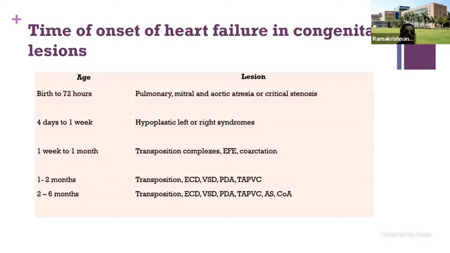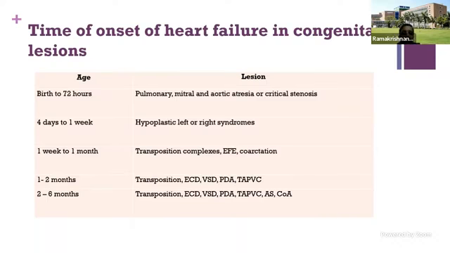So if there is heart failure, that means the shunt has to be large. Only when the patient has a large shunt does heart failure set in, by and large. So if heart failure is happening early, it has to be either a mitral valve lesion or a pulmonary valve lesion, aortic atresia or critical stenosis.